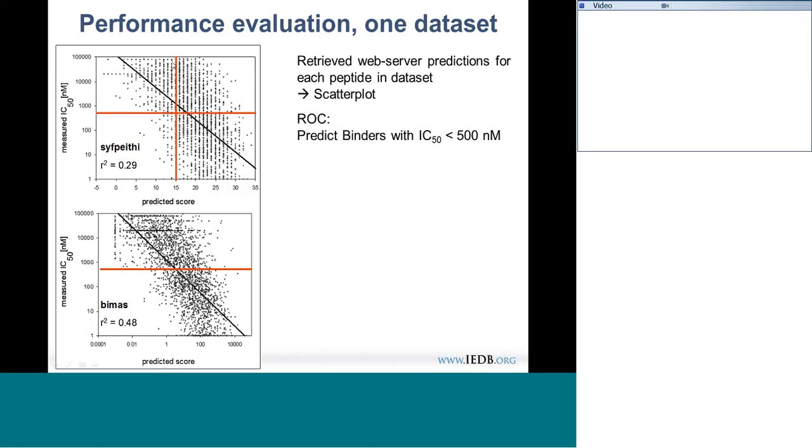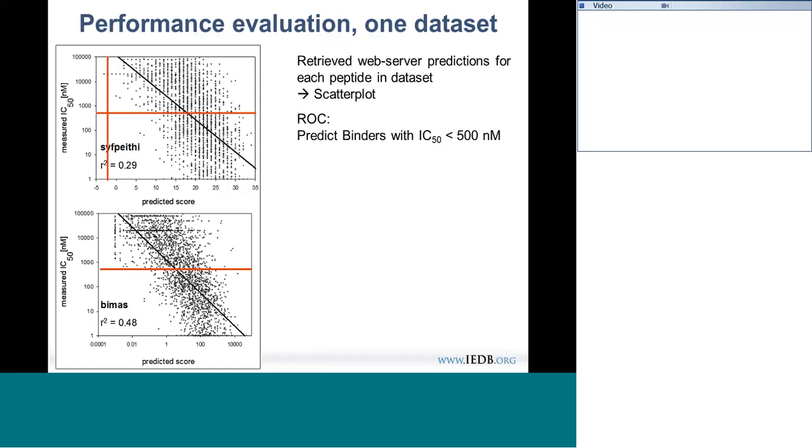And you can say, okay, I can just take the score and say everything above this score is predicted to be a binder, and everything below is predicted to be a non-binder. Then I get true negative, false positive, false negative, and true positive predictions in my 2x2 table.